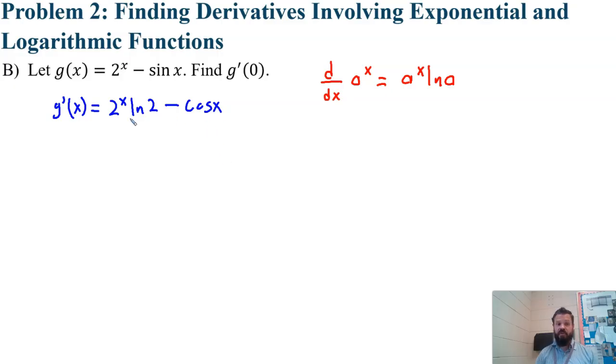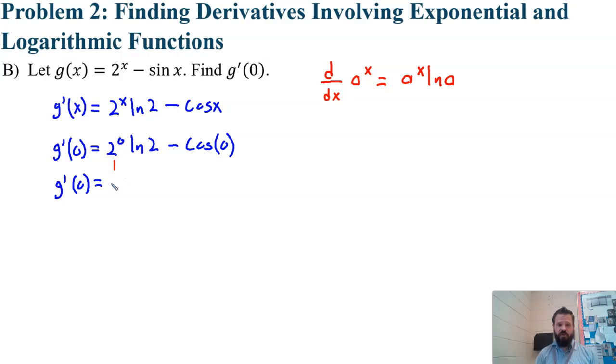Again, there's our derivative function. Let's go ahead and evaluate that for 0. g prime of 0 would be equal to 2 to the 0 times the natural log of 2 minus cosine of 0. Cleaning things up, 2 to the 0 is just a 1. Any base raised to the 0th power is a 1.